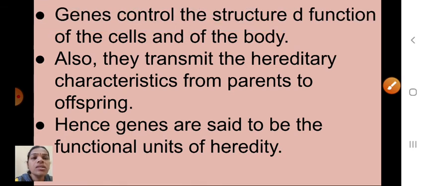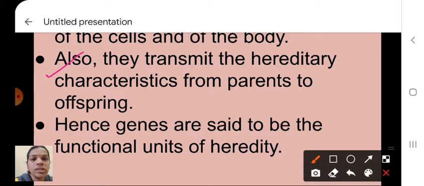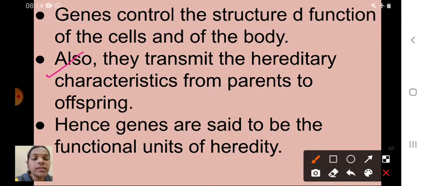Genes control the structure and function of the cells and the body. What is the important function of the genes? Genes control the structure and function of the cells of our body. Also, one of the important functions of genes is that they transmit the hereditary characteristics from one generation to the next generation.